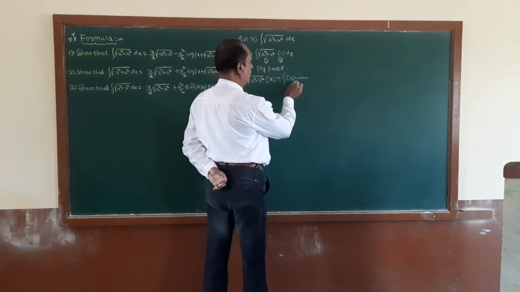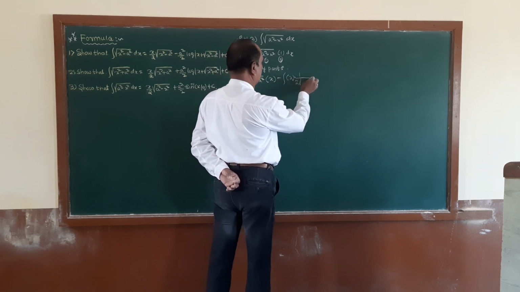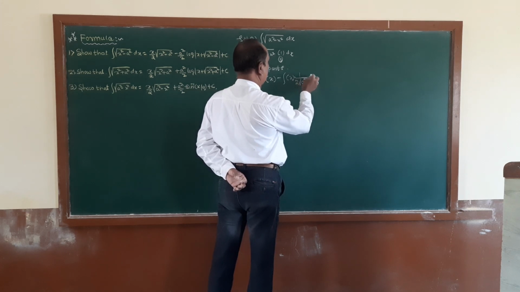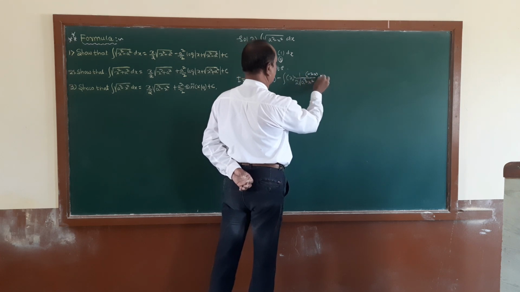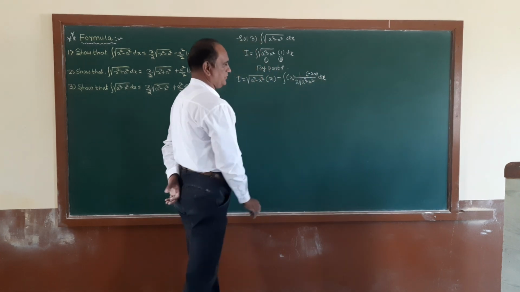The derivative of the root is 1 divided by 2 into root of a square minus x square, multiplied by the derivative of a square minus x square, that is minus 2x.